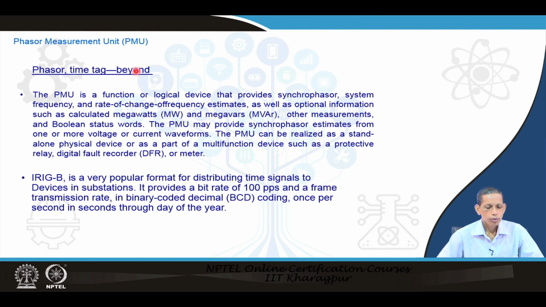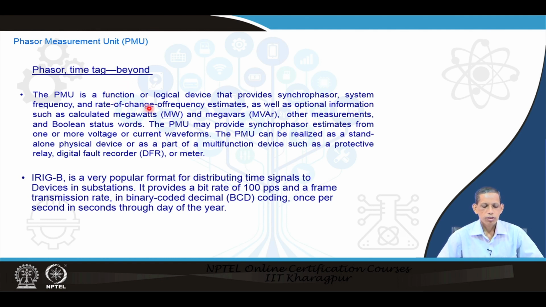In PMU, we have the synchronized phasor. The synchronized phasor is time synchronized. These phasors, voltage and current phasors, should be time tagged, so that the time information is embedded with the phasor data.